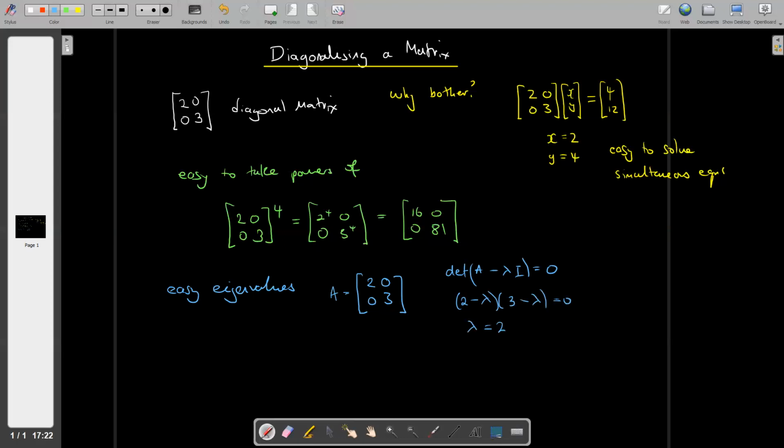So lambda is 2 and lambda is 3. In other words, they're the on-diagonal numbers. So there are 3 reasons why we could be interested in diagonal matrices, and there are others, too many for me to go through now.